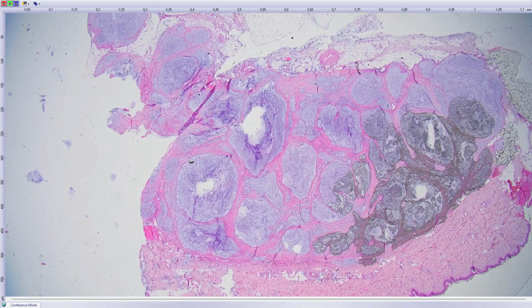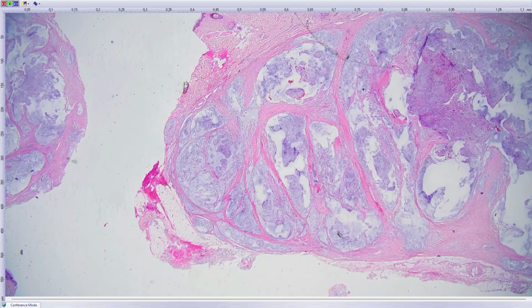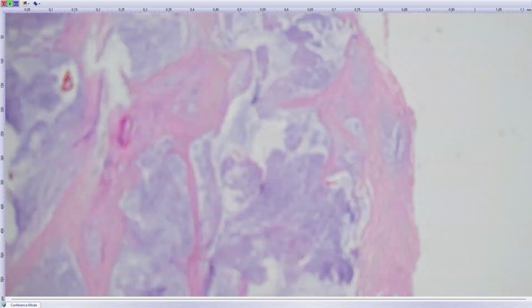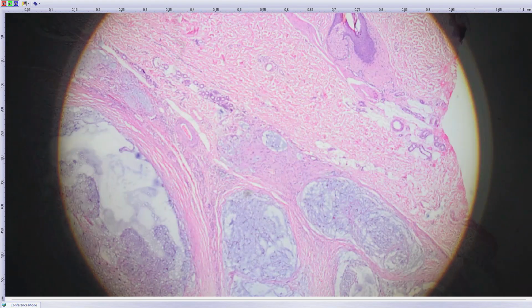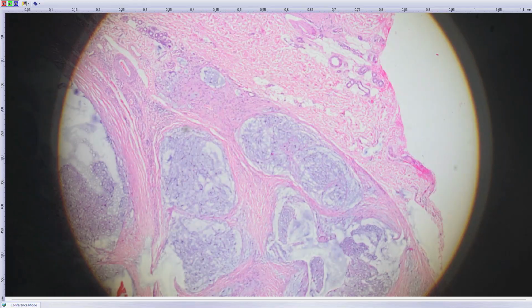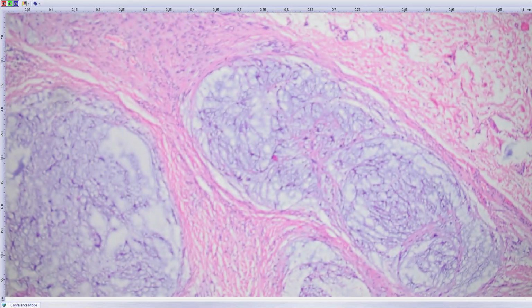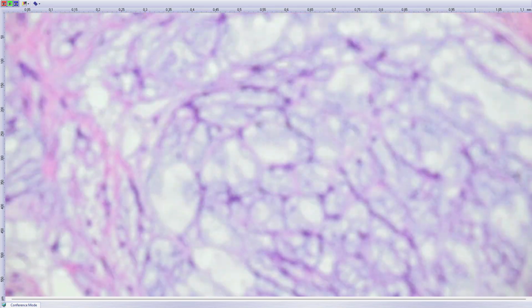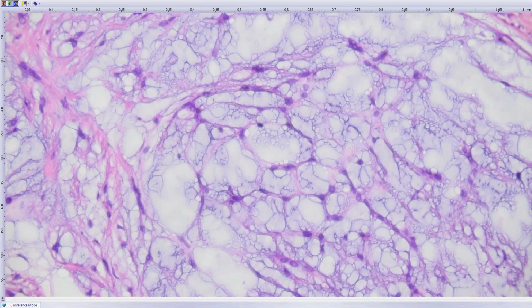I'll try a different slide without bubbles. Not much better, but doesn't matter that much. And so the nodules consist of this, again, very myxoid, hypocellular proliferation of somewhat bland ovoid spindled cells.